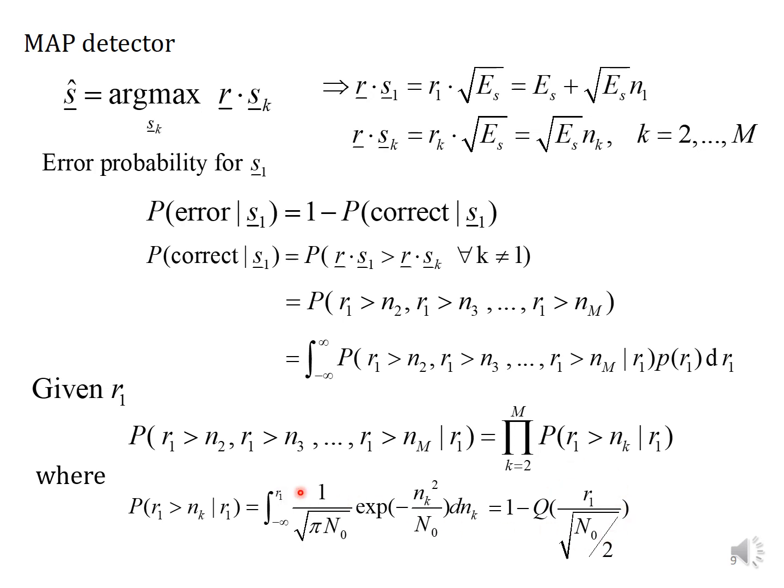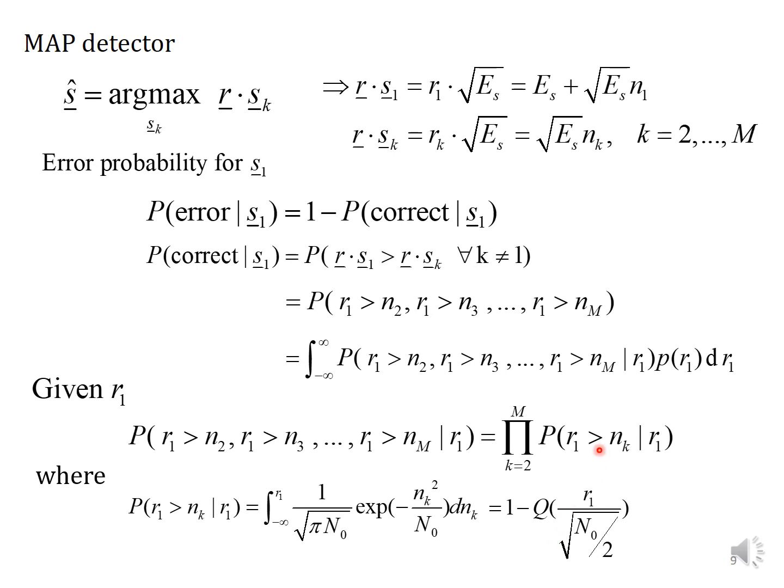The Q function is the tail probability from R1 to infinity, so the integral result is 1 minus the tail probability.